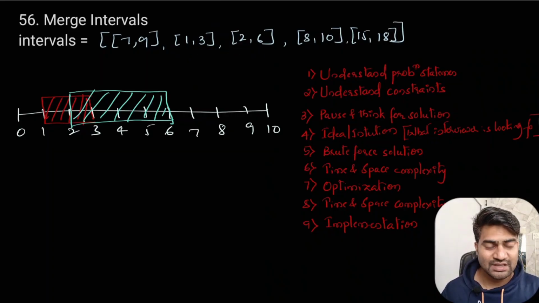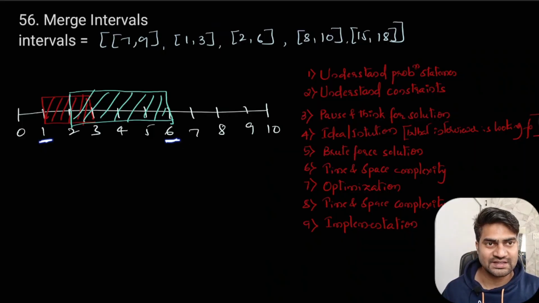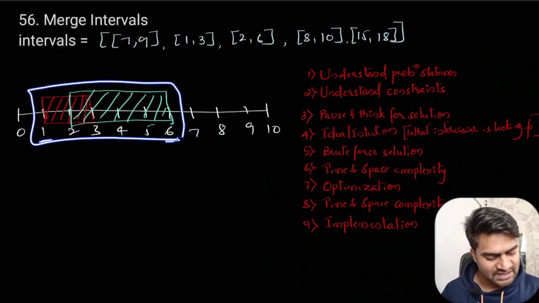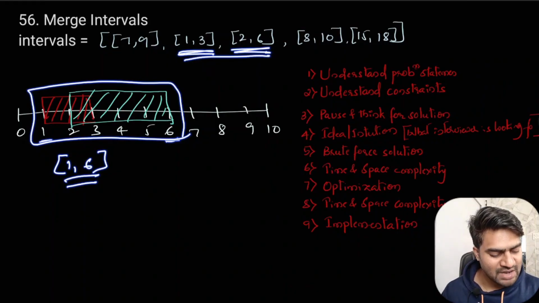If they are overlapping, then we say it starts from 1 and ends at 6, so we will say 1 comma 6 is the merged interval. Initially it was 1 3 and 2 6. Since they overlap, I will combine them and say 1 comma 6.